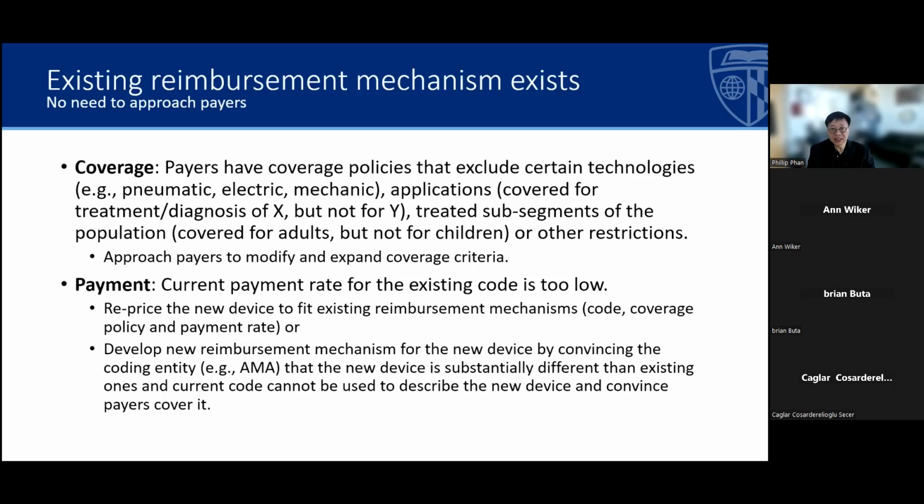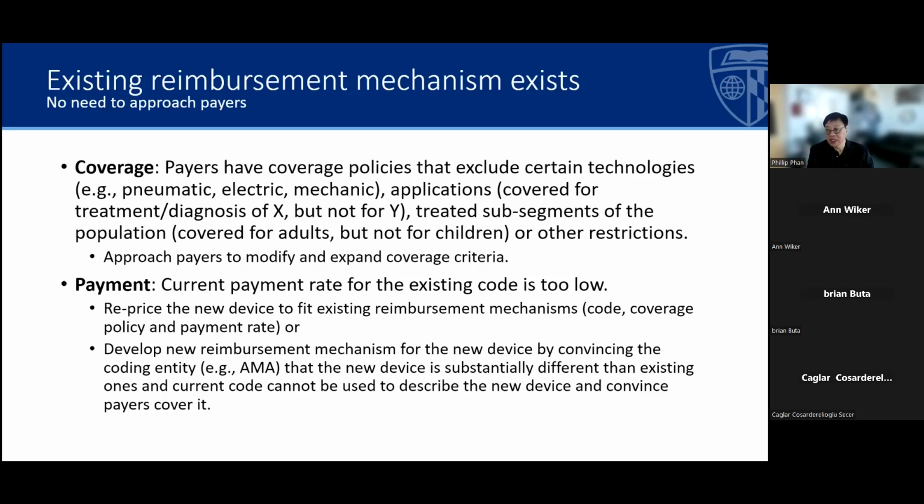So other things that you want to think about as well is coverage, right? So if you don't end up getting covered, the payers themselves may have coverage policies that exclude certain technologies. Okay, so for example, they might exclude certain applications, right? They might cover a treatment or diagnosis for one indication, but not for another indication. And as I said, maybe they only cover certain subsegments of the population, right?